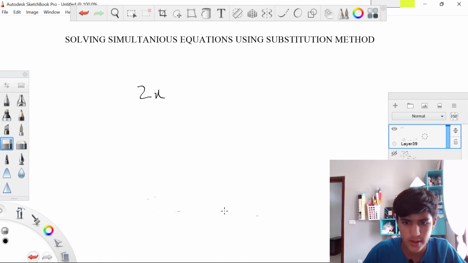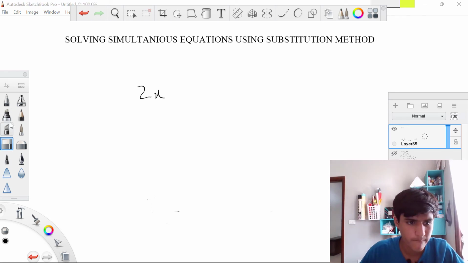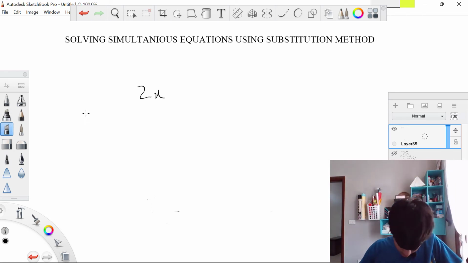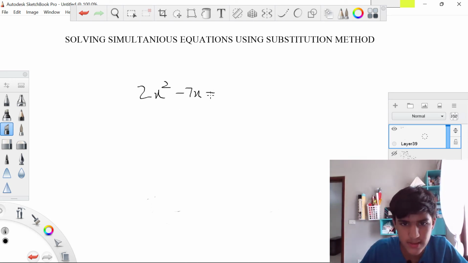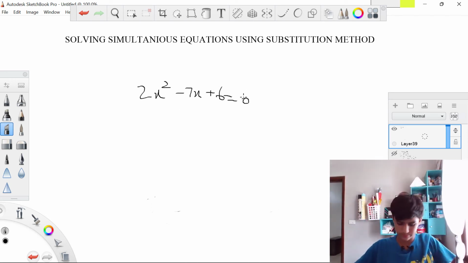So we're left with 2x squared minus 7x plus 6 is equal to 0.